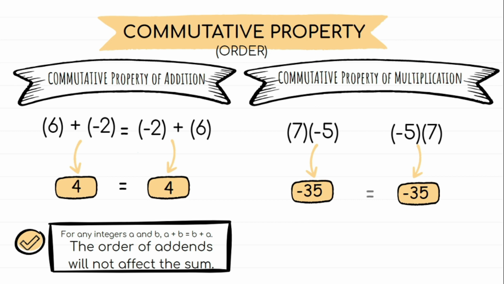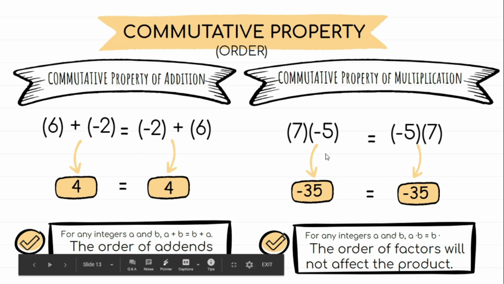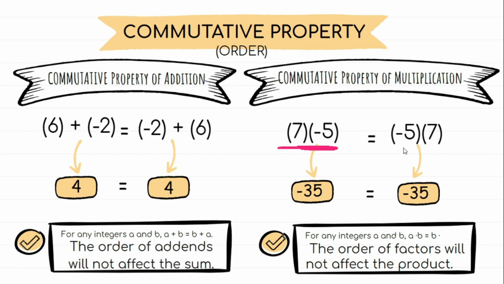Ibig sabihin, for any integers, a multiplied by b, equal pa rin siya sa b multiply to a. So, the order of factors will not affect the product. Kahit pagbalik-baliktarin natin yung order ng numbers na ipagmumultiply natin, hindi siya makaka-apekto sa sagot. Okay, that's commutative property.